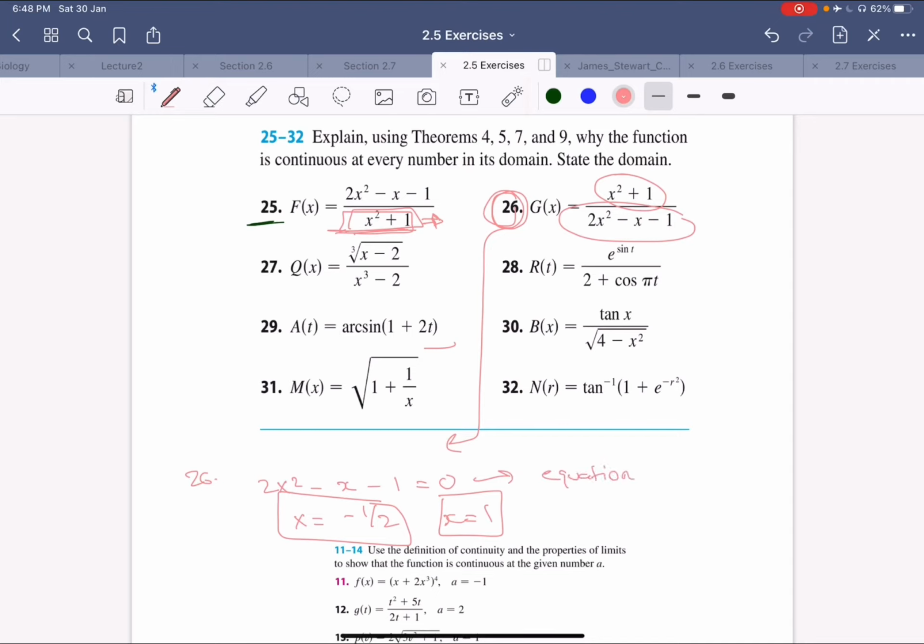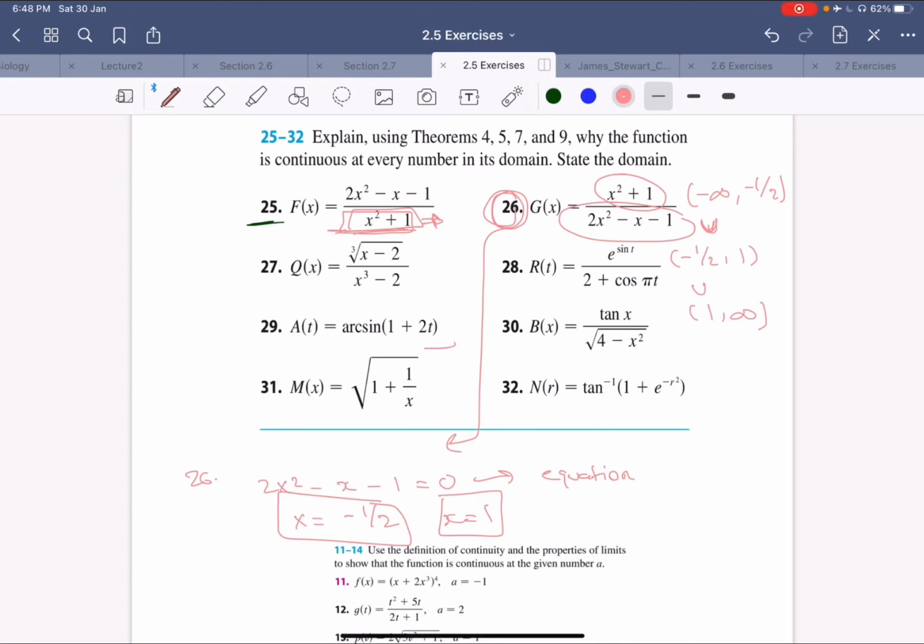So we have that f of x is continuous, we can say, from negative infinity till negative half, from negative half till 1, united with from 1 till infinity.